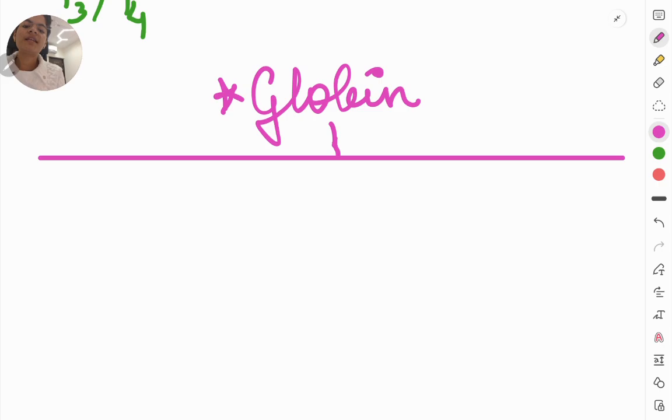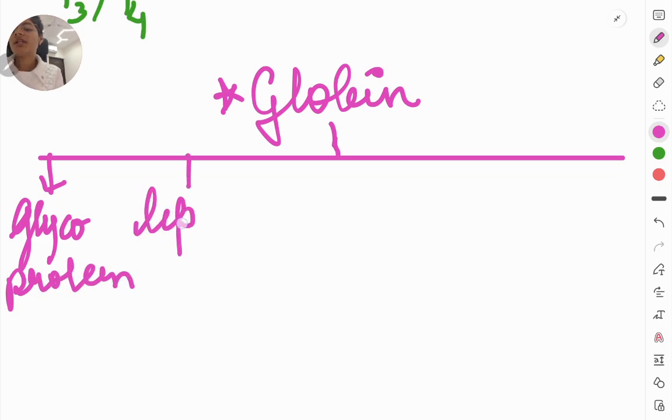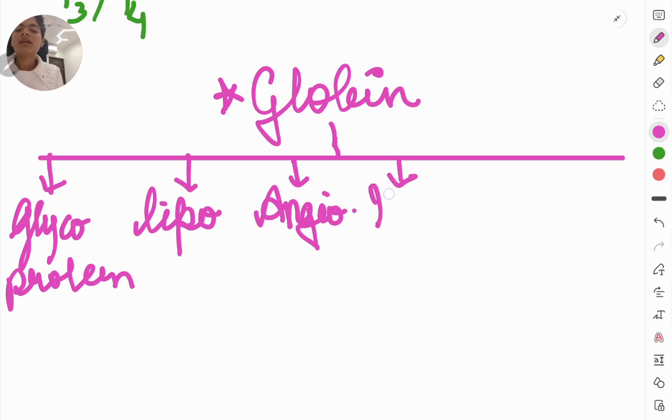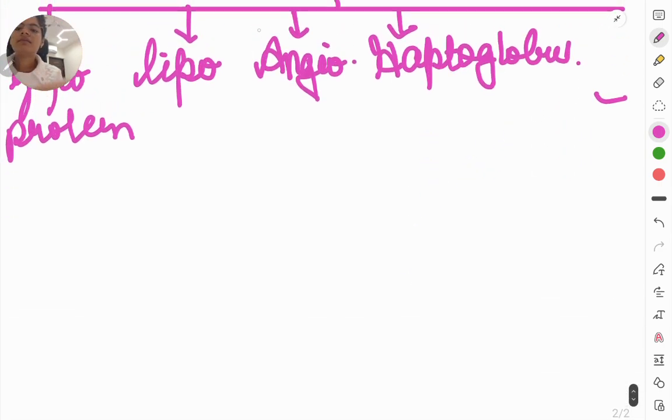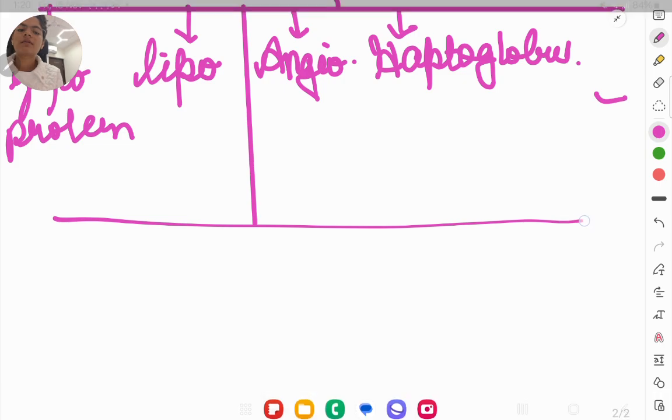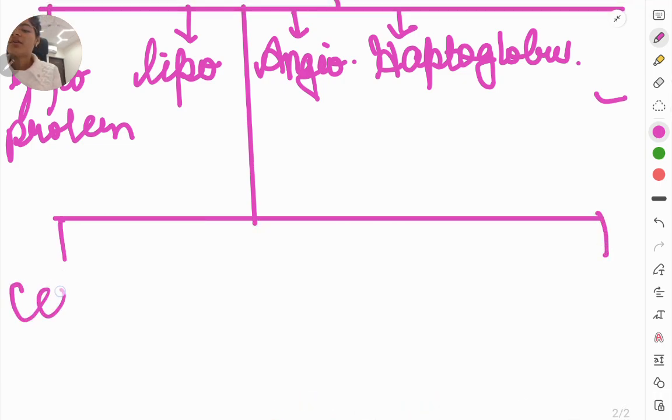First of all, we will be seeing each form, like glycoprotein, lipoprotein, angiotensinogen, haptoglobin, ceruloplasmin.